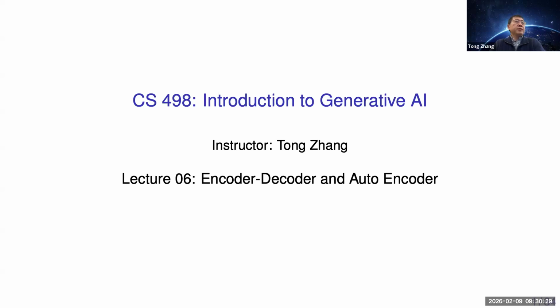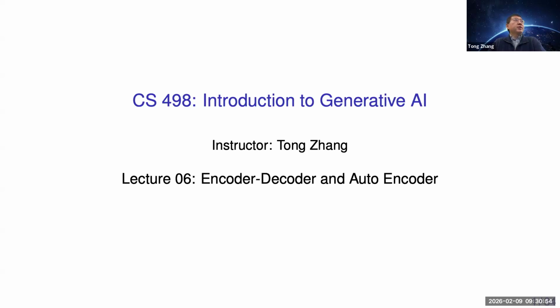And autoencoder is part of a special encoder decoder, so we will go there. But first, for encoder decoder, almost anything now in prediction and in generation can be considered an encoder decoder. The encoder is used for representation.